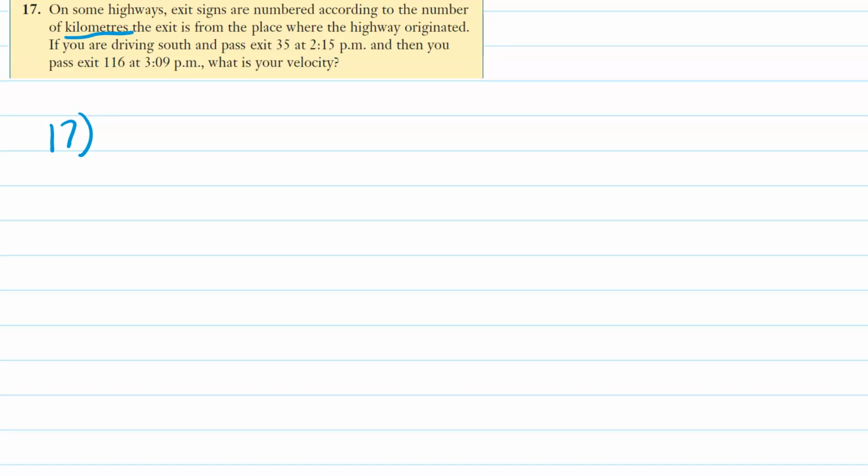So exit 35 means a position of 35 kilometers, and the position at exit 116 is 116 kilometers away.